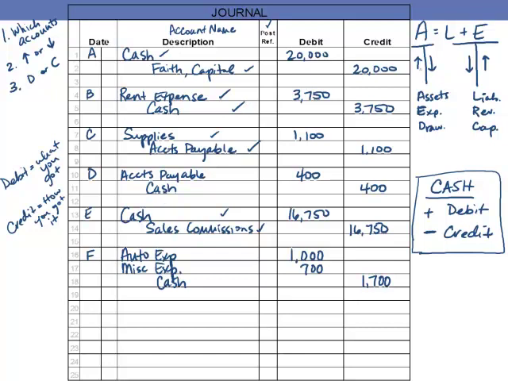So there's a debit, the increase in expense, and the credit is the decrease in cash. So we've got office salaries of $2,150 and a credit to cash.